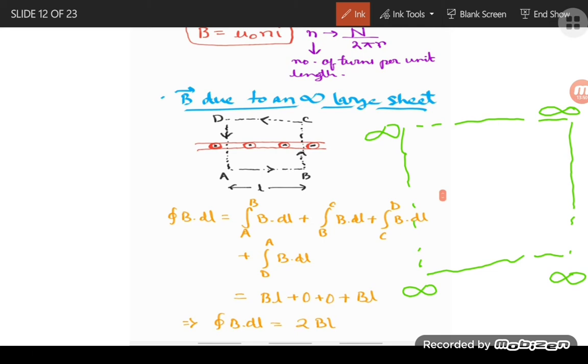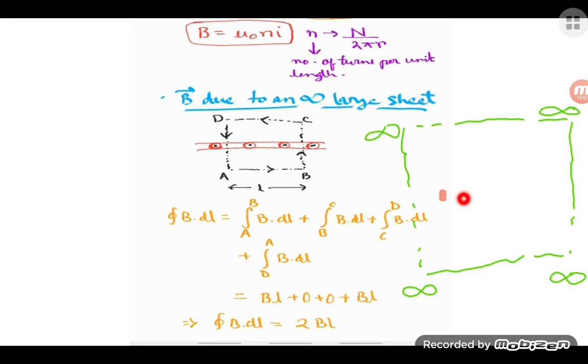So in this infinite sheet of charge, the contribution of the magnetic field, again we will do the same partly, from A to B, then from B to C, then from C to D, and from D to A. Now here the magnetic field is present in the entire part since it is infinite. So the magnetic field is present everywhere throughout the loop.